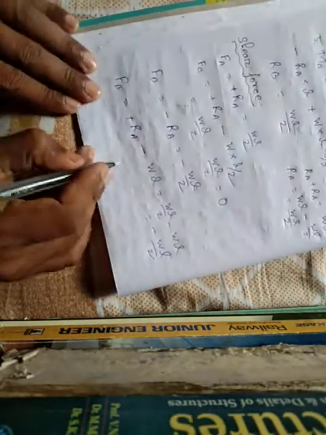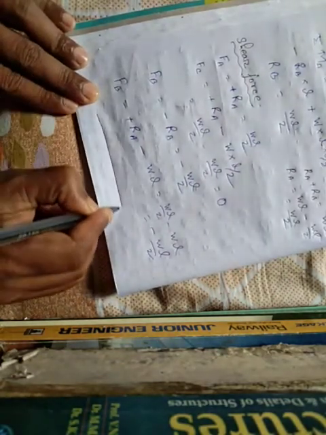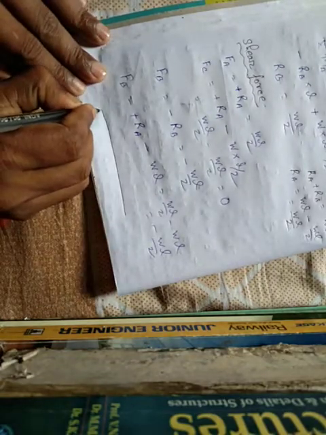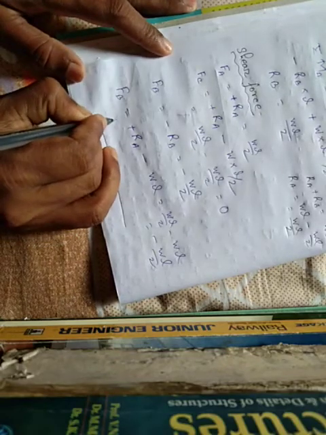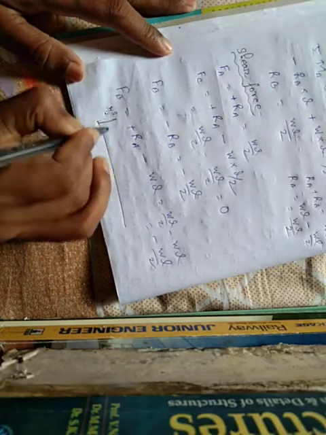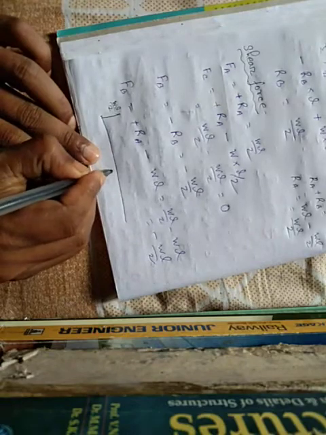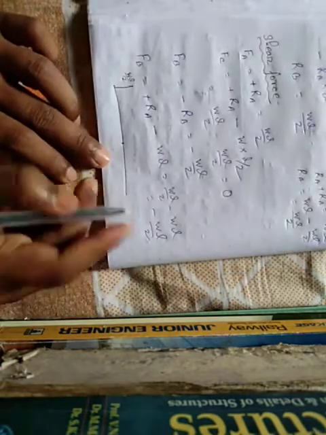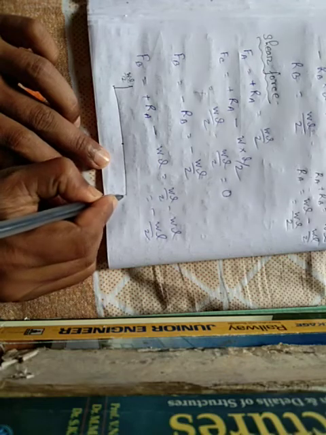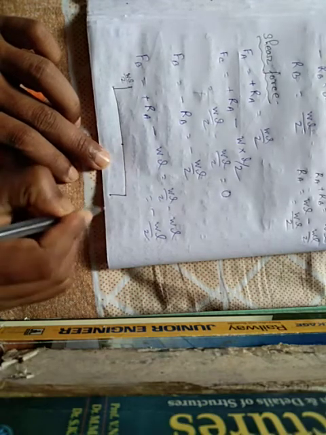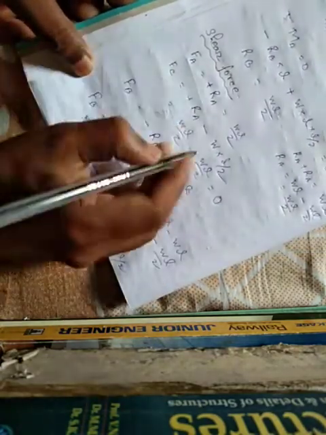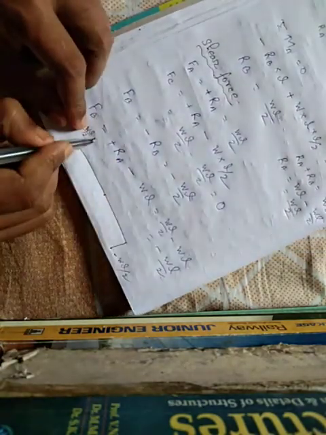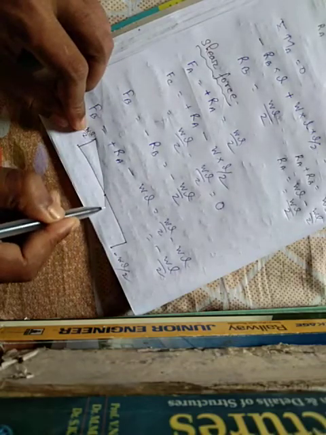Now draw the shear force diagram. This is the beam, this is point A. Shear force at point A is RA, which is equal to WL by 2, and shear force at point C is 0, and shear force at point B is equal to minus WL by 2. This is a linear equation, so you have to draw a line.